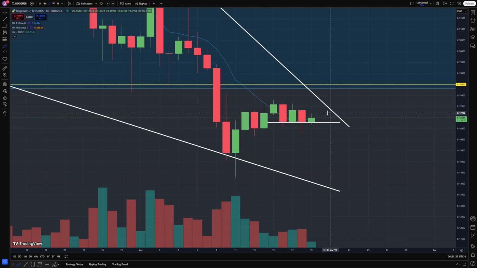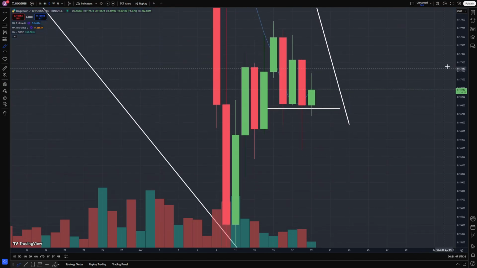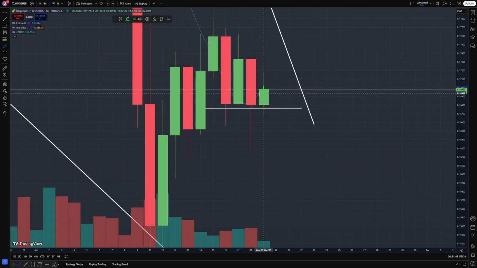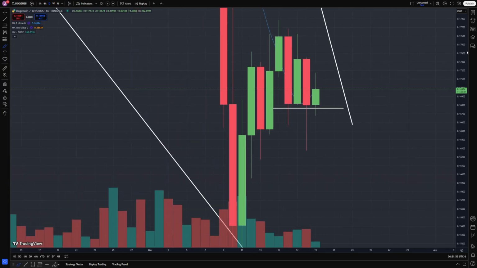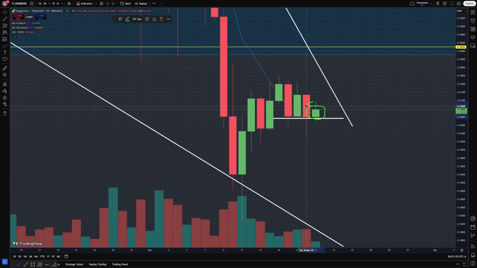So this might be a good sign. I'm not really promising anything, but for right now, it does kind of look like we're holding support in this area. It's hard to tell right now if we're above it or below it. I think we might be below it on this candle right here, but it does kind of look like we're hanging out around that 9 moving average.